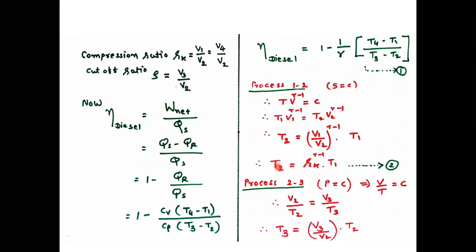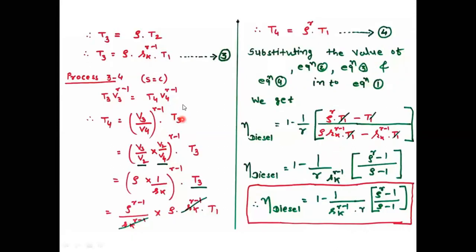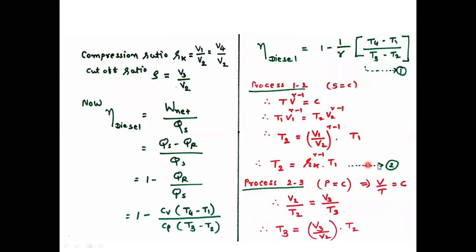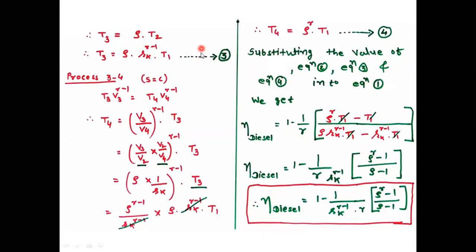So T2 is something into T1, T3 is a combination of something into T1, and T4 is rho raised to gamma, that means cutoff ratio, into T1. Okay, so substituting the values of equation 2, equation 3 and equation 4 into equation 1.